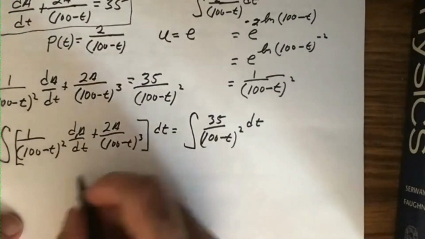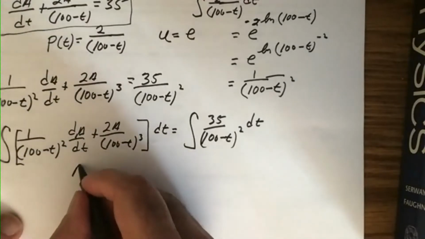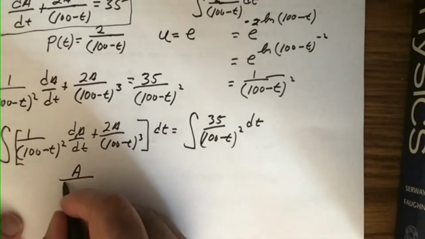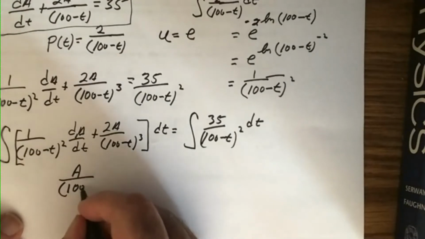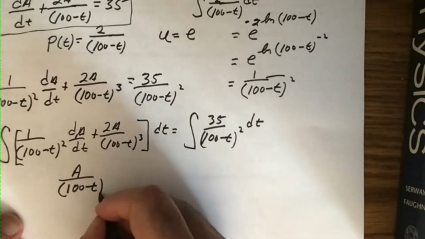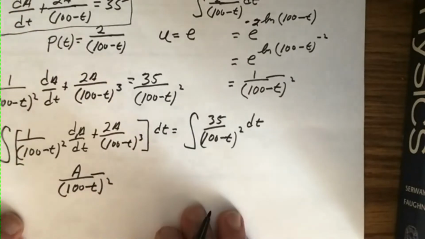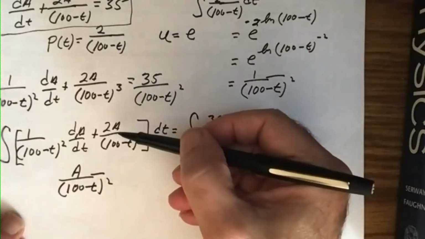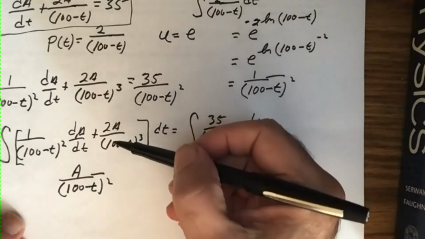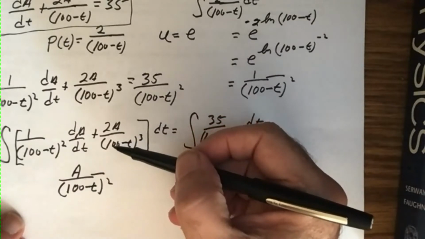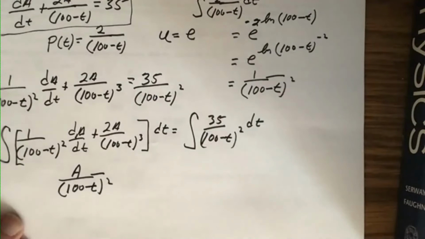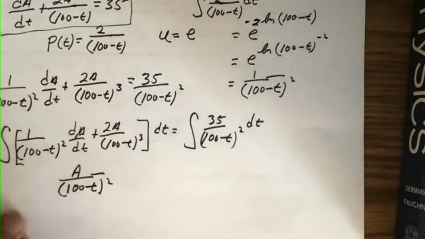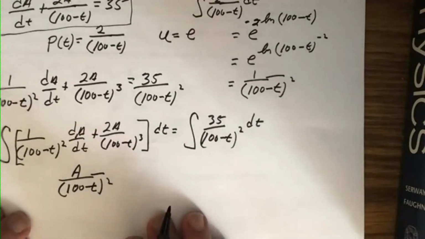So this integral now is just a times the integrating factor, which is 1 over 100 minus t squared. That's what this integral is. And if you take the derivative of this, you'll see that you'll get this back. You can convince yourself of that.